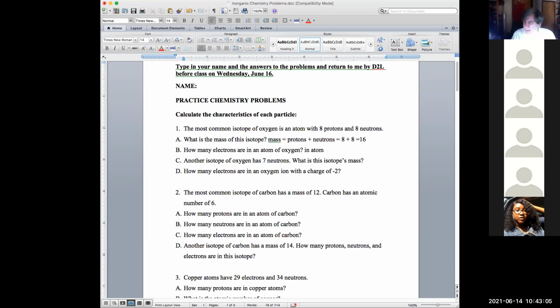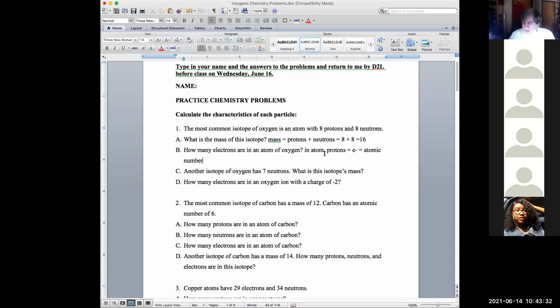Okay, so in an atom, there's something that we can keep in mind. The number of protons equals the number of electrons. And we usually abbreviate electrons with a small e and a minus sign behind it. And this also equals the atomic number.